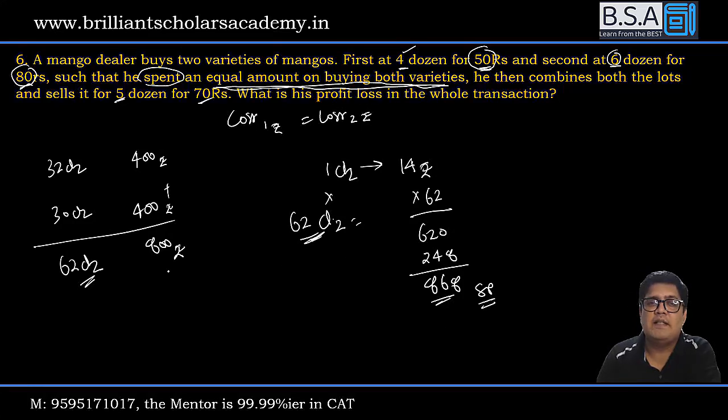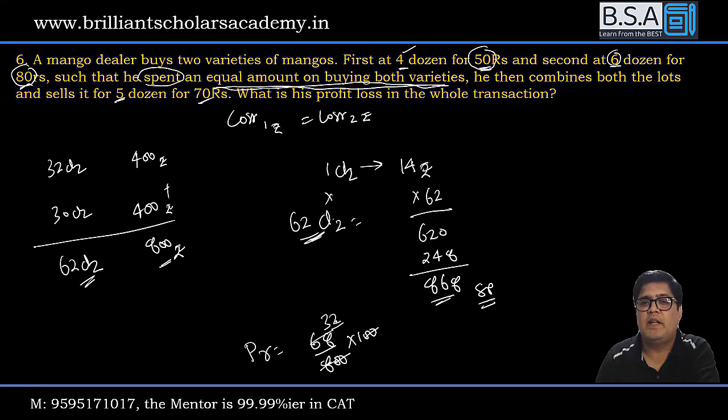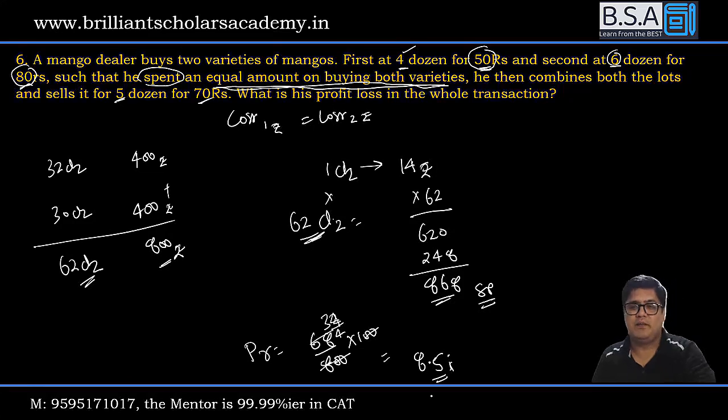What is the cost price? The cost price is 800 rupees. Can I say there is definitely a profit of 68 upon 800 into 100? 0 cancelled. 32 upon 34 upon 4, which is basically 8.5 percentage profit. 8.5 percentage profit will be there.